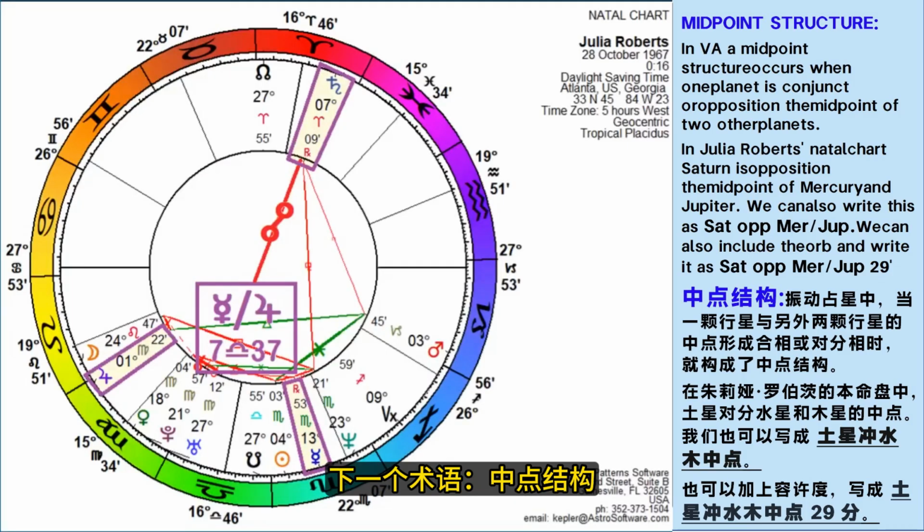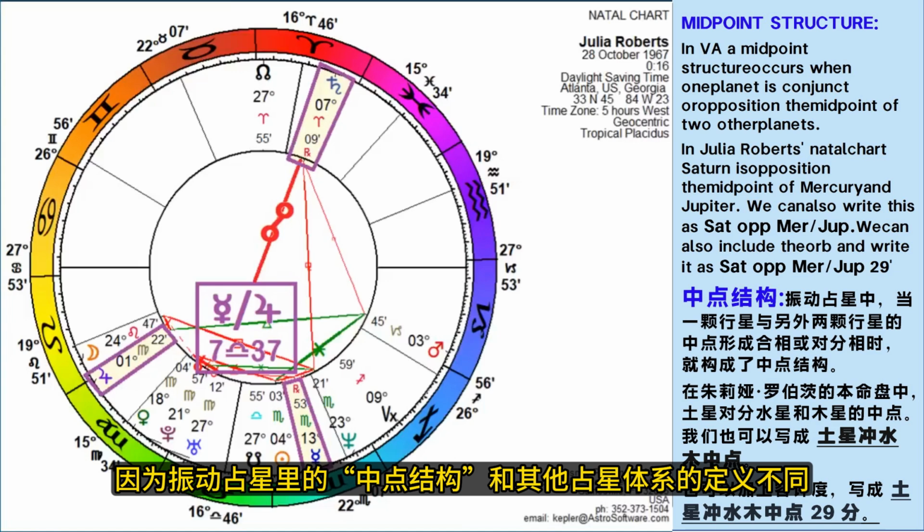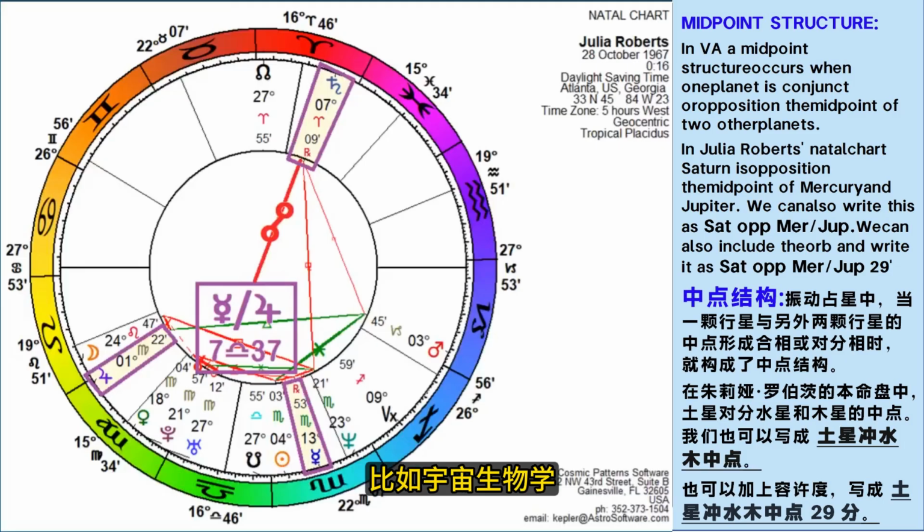Now, next term, midpoint structure. Okay, we're going over basics here. Probably you're familiar with this as well, but let's go over it. Because the meaning of midpoint structure in vibrational astrology is different from the meaning of midpoint structure in other systems of astrology like cosmobiology and Uranian astrology.